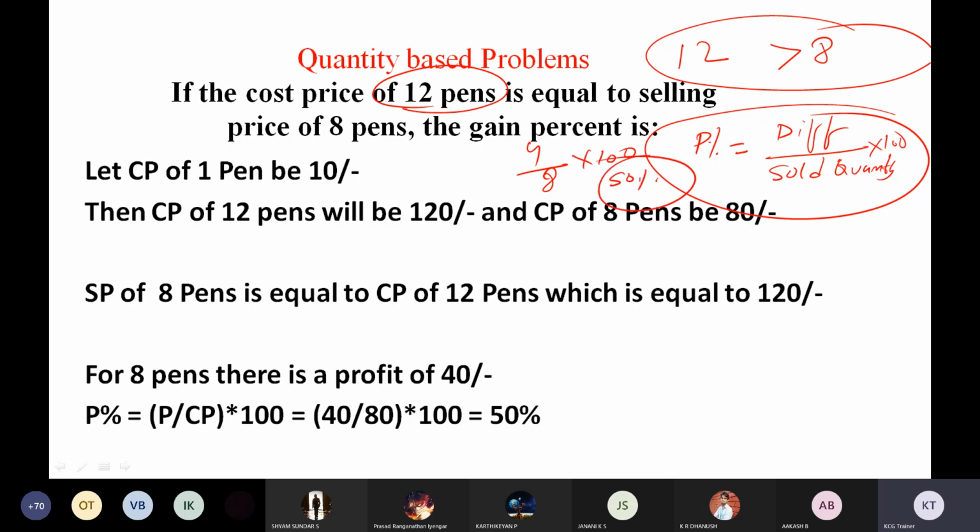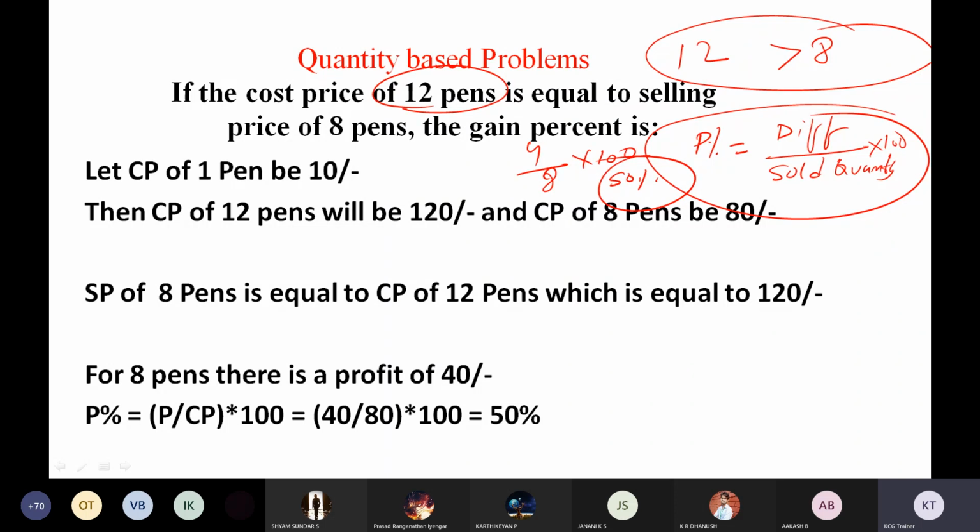Logically, did you understand or not? I repeat, first of all you should identify whether it is making a profit or a loss. For that, how many did he buy? He bought 12. How many did he sell? 8. If the number of articles bought is more than the number of articles sold, it's a profit.